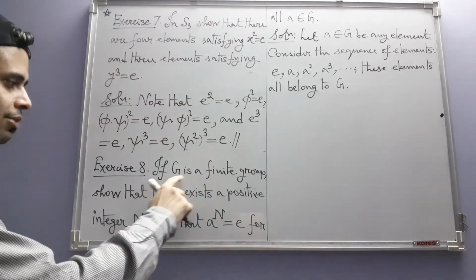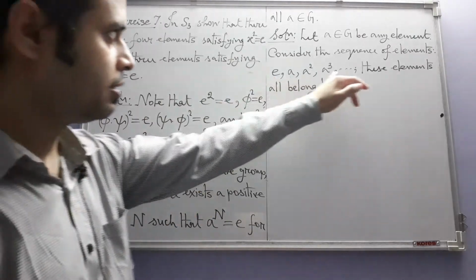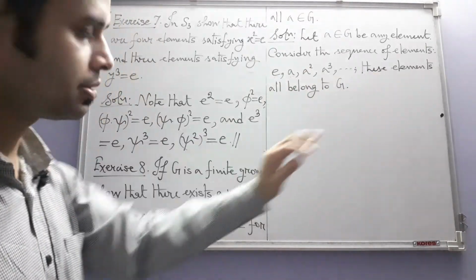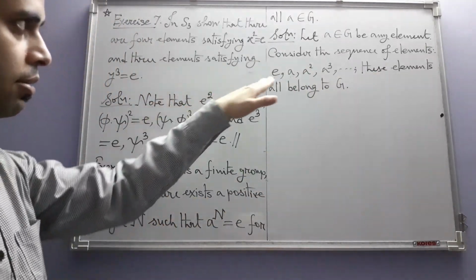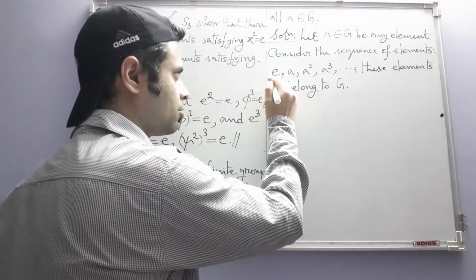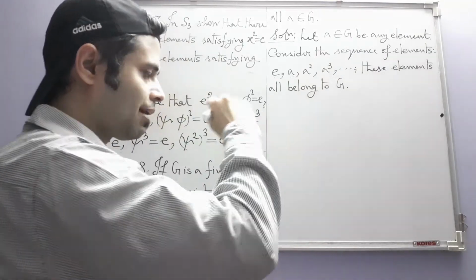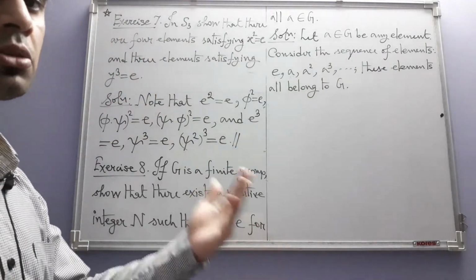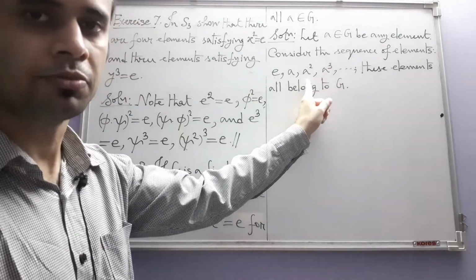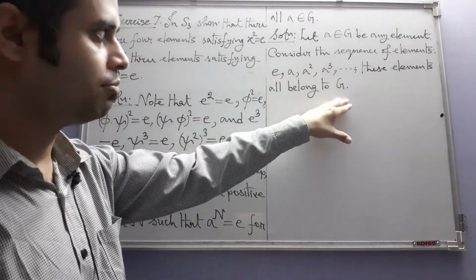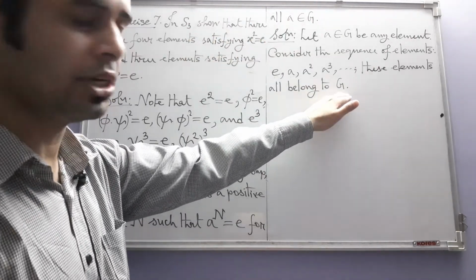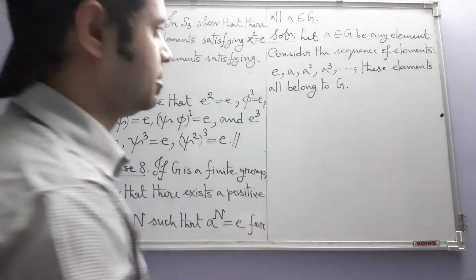Okay, now comes the finiteness of G. The sequence is an infinite sequence, but G is finite and they all have to be in G. So that means if someone goes down this sequence, after some point repetition must occur. You must get something which you have already got before, because otherwise G will not be able to accommodate infinitely many elements, because G itself is finite.